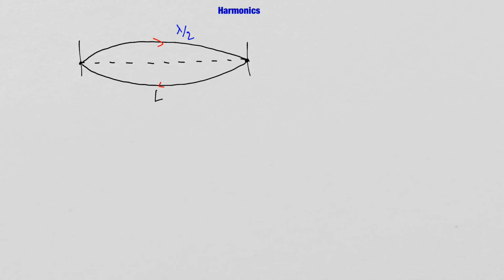So 1/2 plus 1/2 is equal to 1 full wavelength. Then I can relate the wavelength of the wave to the length of the string simply by writing that lambda over 2 is equal to L, and from here the wavelength of the first harmonic is equal to 2L. And let's label this first harmonic.